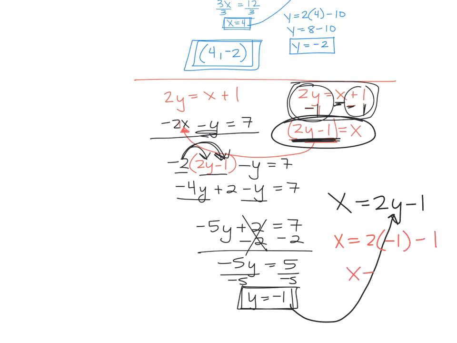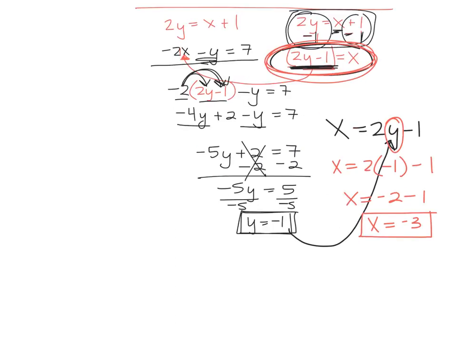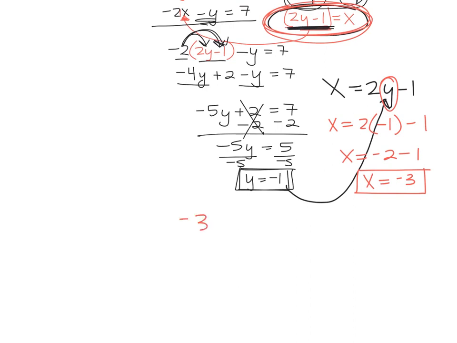So your x value is negative 2 minus 1, so your x value is negative 3. Okay? Did you put the negative 1 into the answer of the x? I plugged it in here, when we isolated x, because that's just the easiest one to plug it into. Okay, so your answer is negative 3, negative 1.